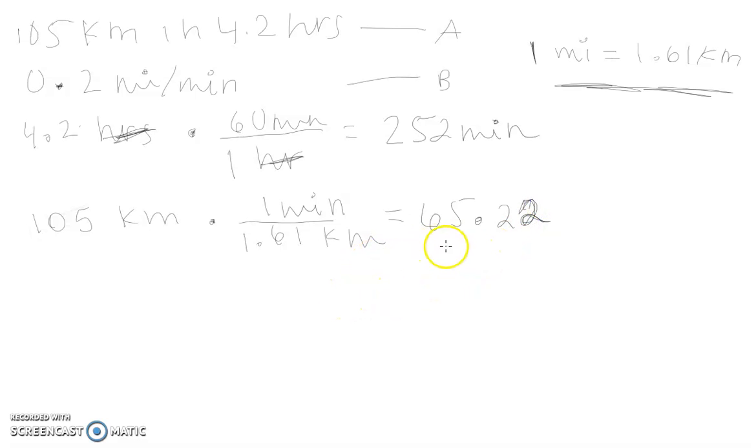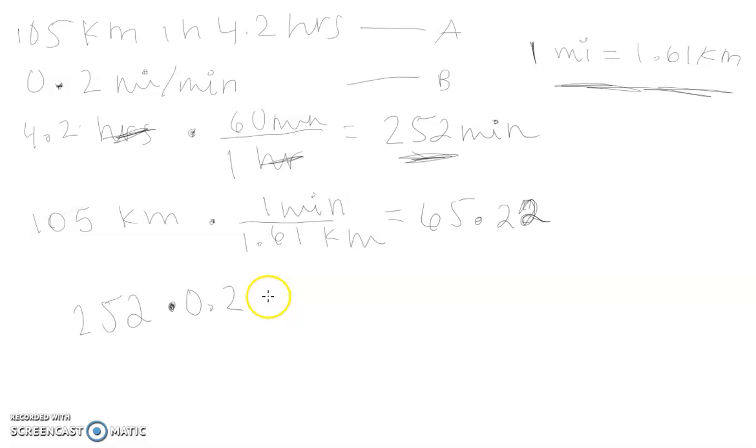Now we have to figure out how many miles Brenda went. Now that we know there were 252 minutes, we can compare easily. She did 0.2 miles per minute, so all we're going to do here is 252 times 0.2.